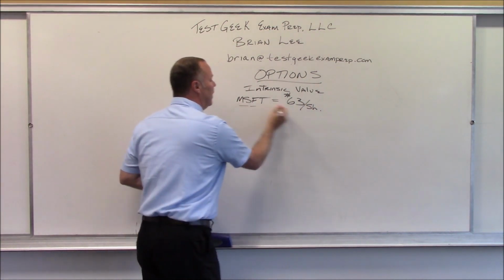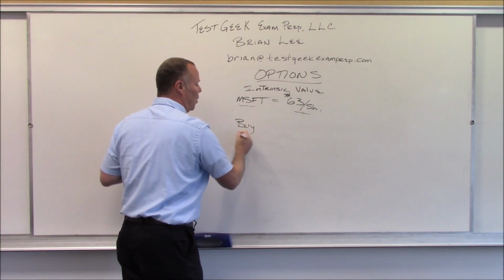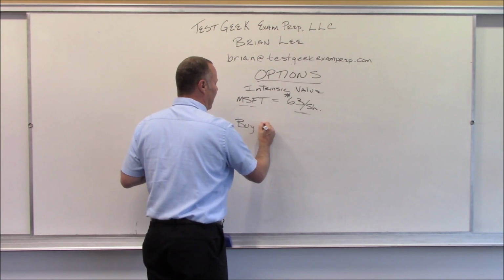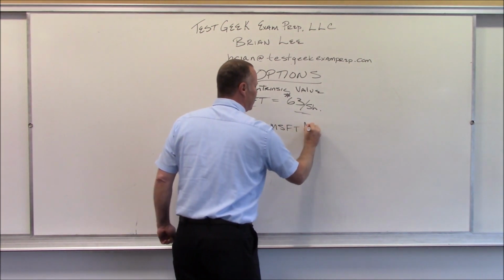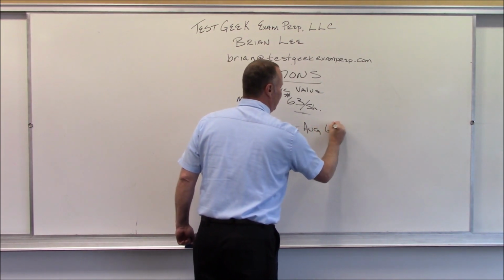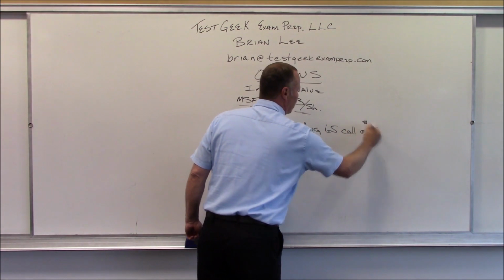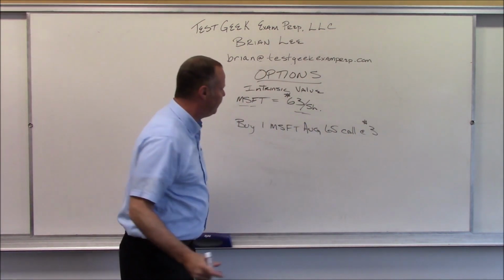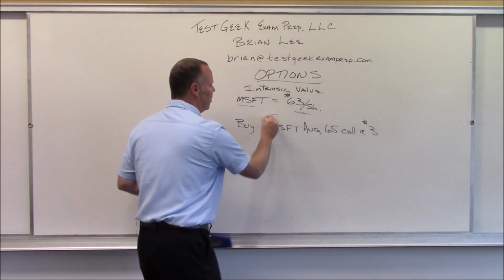Anyway, now we have a customer who has bought one Microsoft August 65 call for $3 per share. That's kind of how an option contract looks, right?